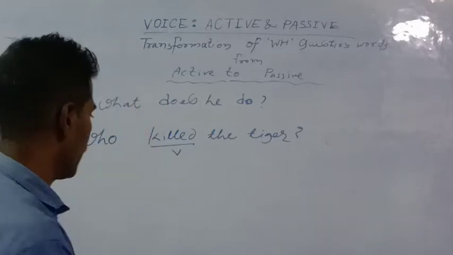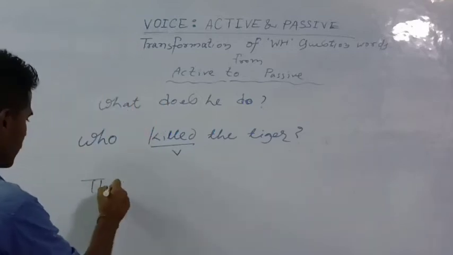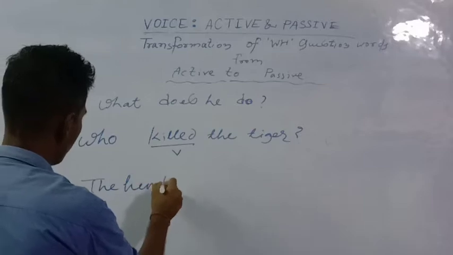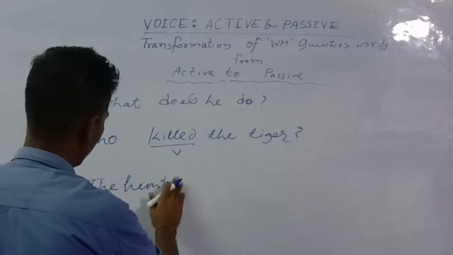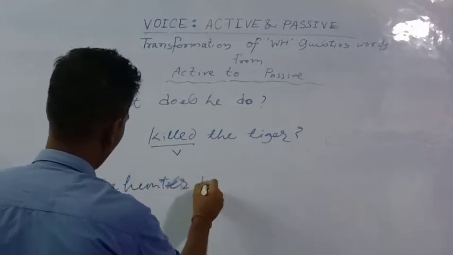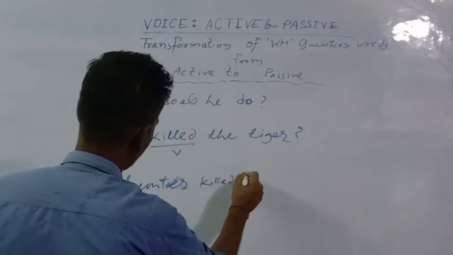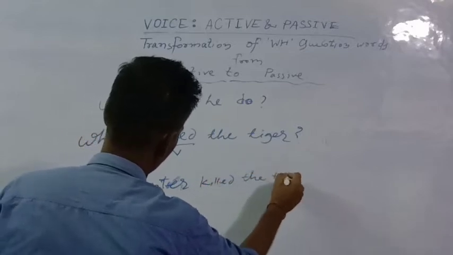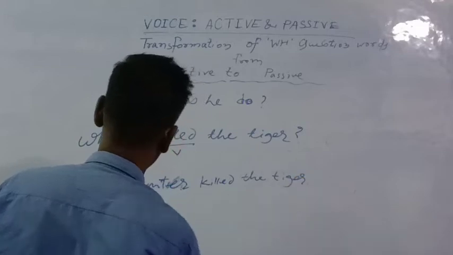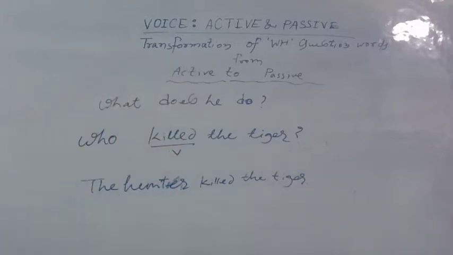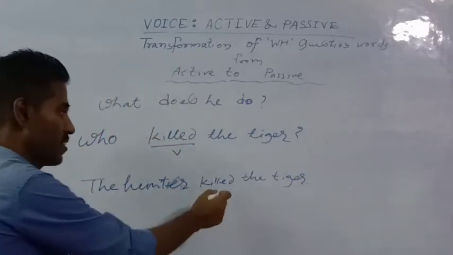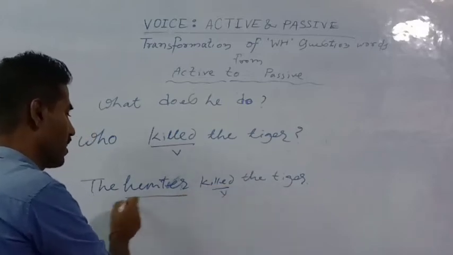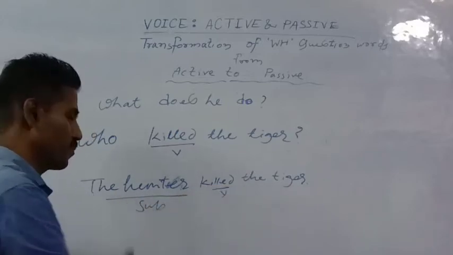Or the hunter killed the tiger. If you say the hunter killed the tiger, then it's very easy to understand, is it? Kill is the verb and the action is done by the hunter, so the hunter is the subject.